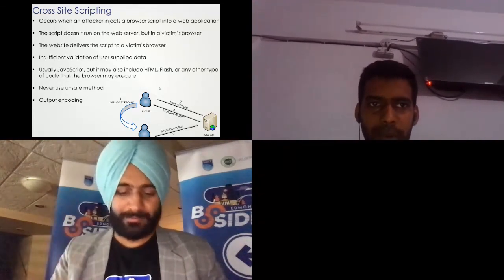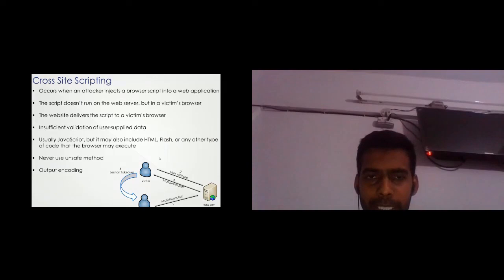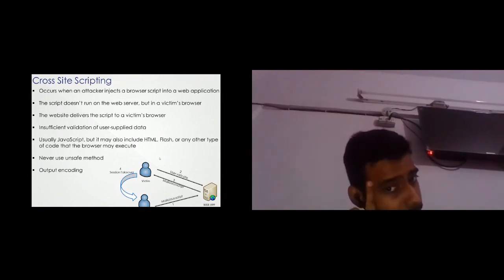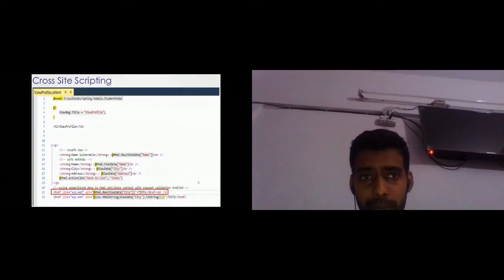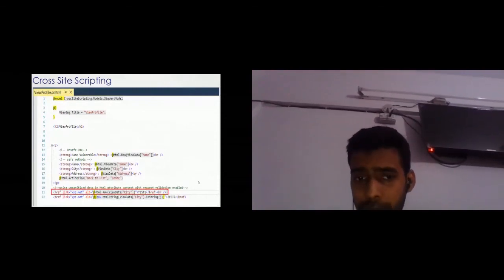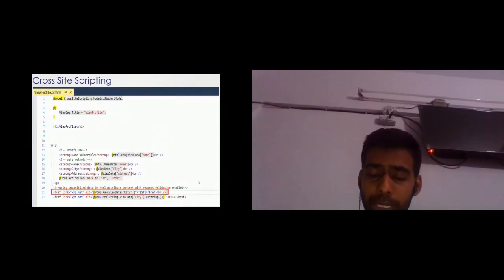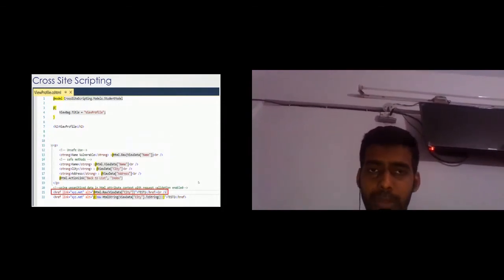So how can we mitigate it? The mitigation is quite simple. Do not use Html.Raw methods while echoing out user input, and use input validation.